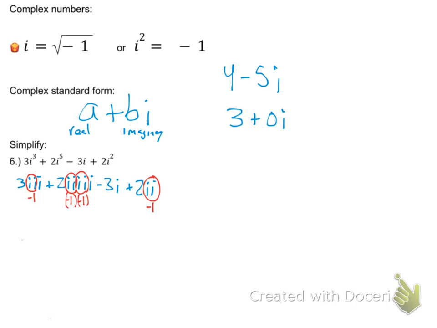And now that I changed some of the i's to negative 1s, I'm just going to multiply. What's 3 times negative 1 times i? Negative 3i.